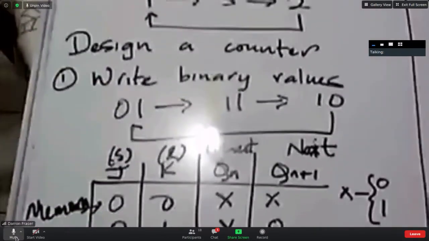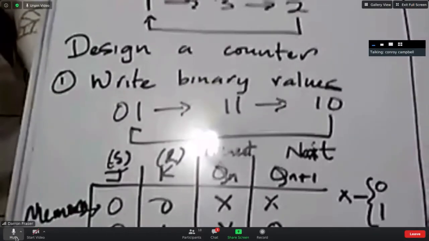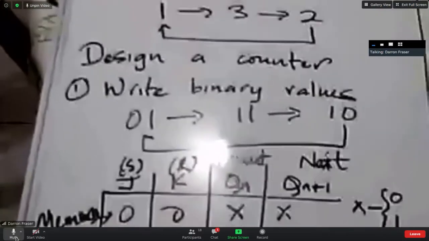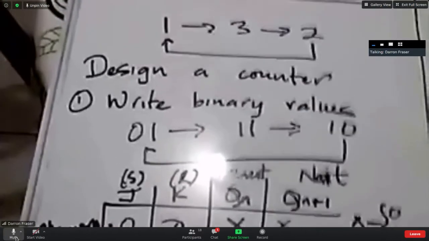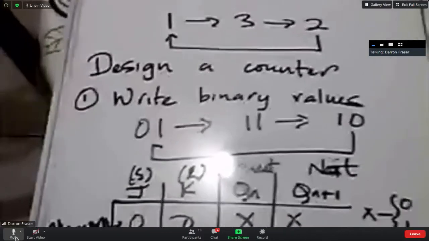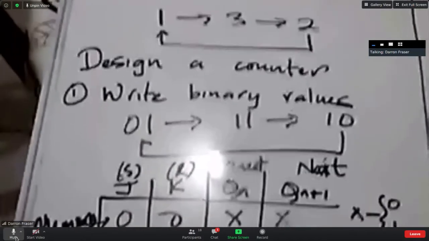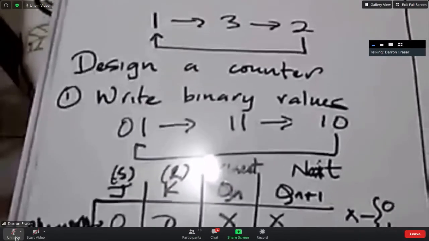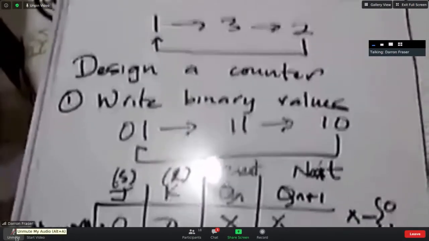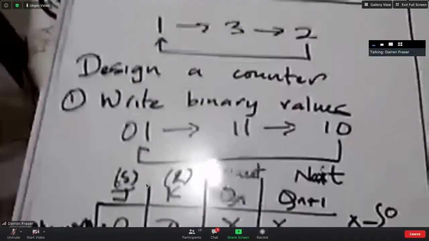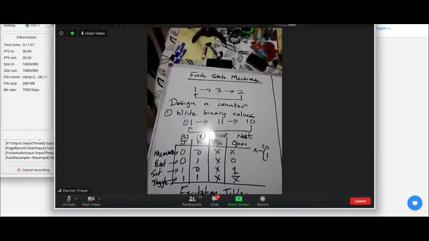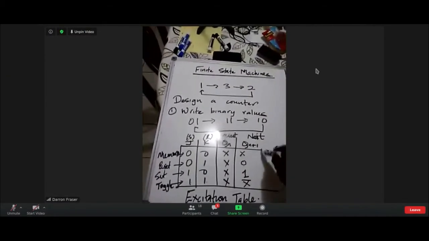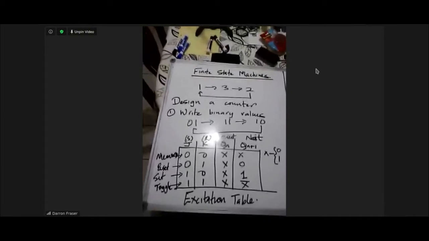All right, so you're going to change from what is there to the next. So if it is 0, it becomes 1. If it is 1, it becomes 0. So memory, whatever it was, it stays like that. Reset, the output goes to 0. Set, the output goes to 1. And toggle, the output changes to the opposite of what it was. And this table that we have here is called the excitation table.